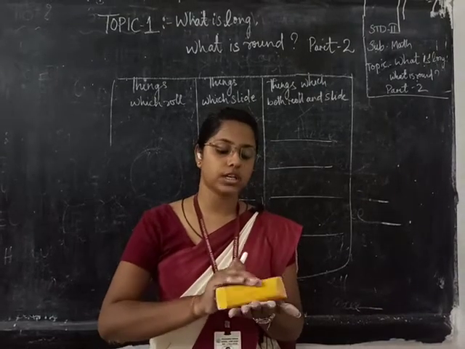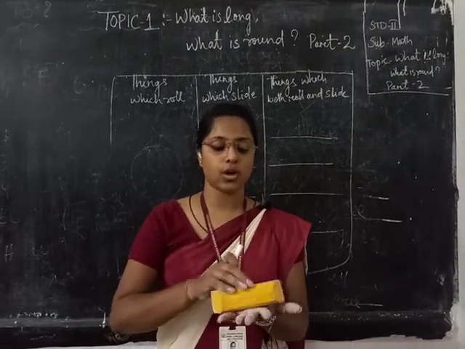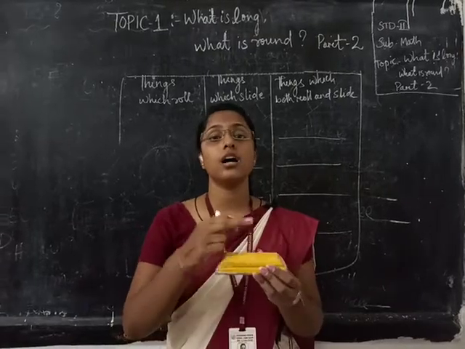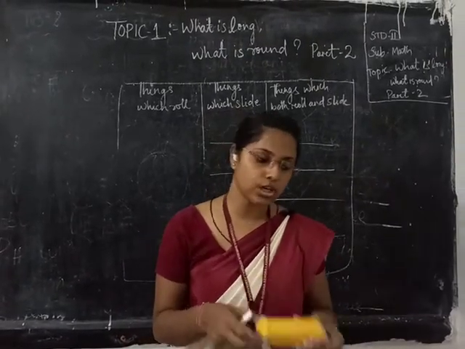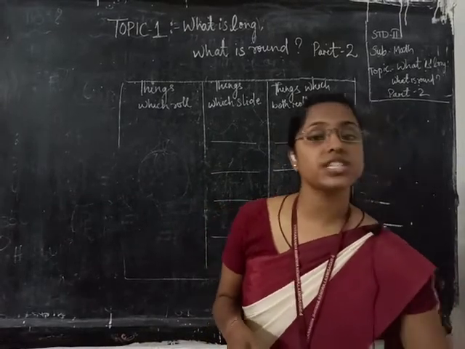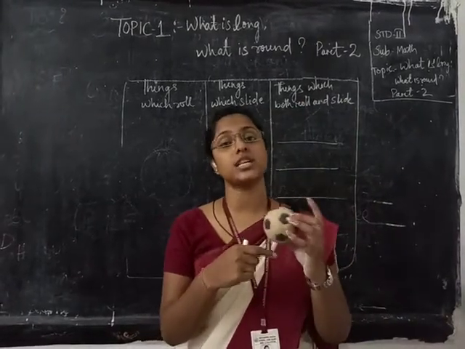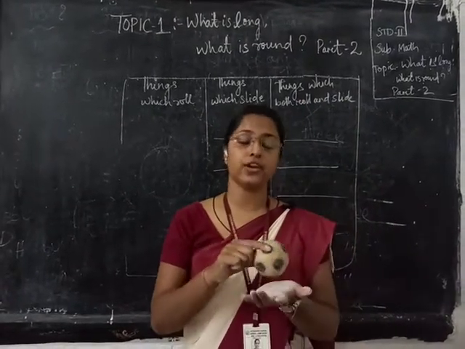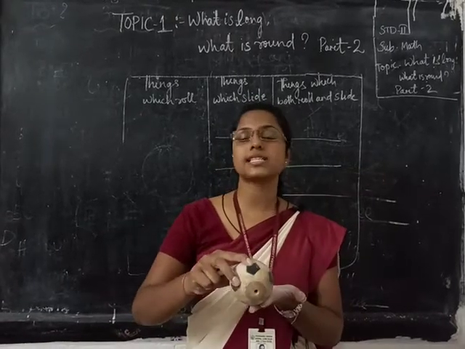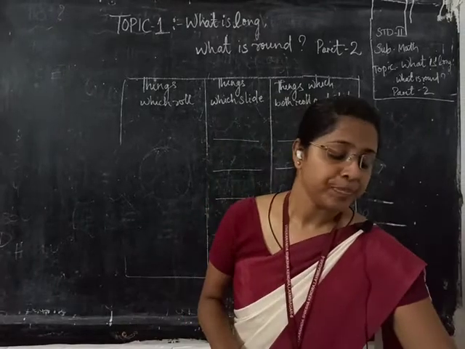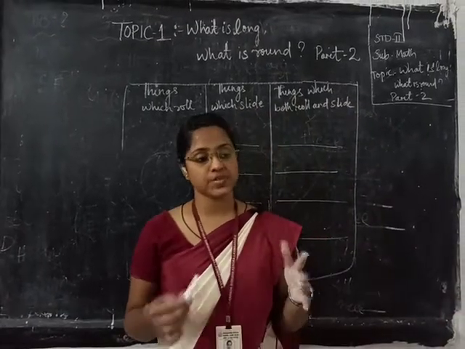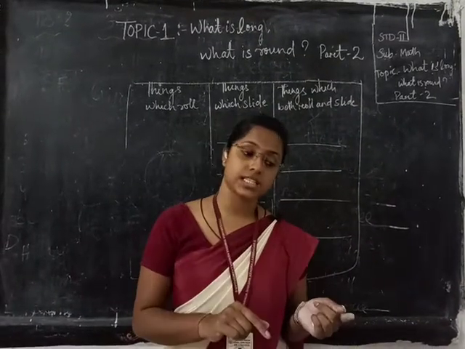It is not possible for them to roll because they don't have a curved surface. Understood? But objects which have a curved surface, that is round, can roll, but they cannot slide down.